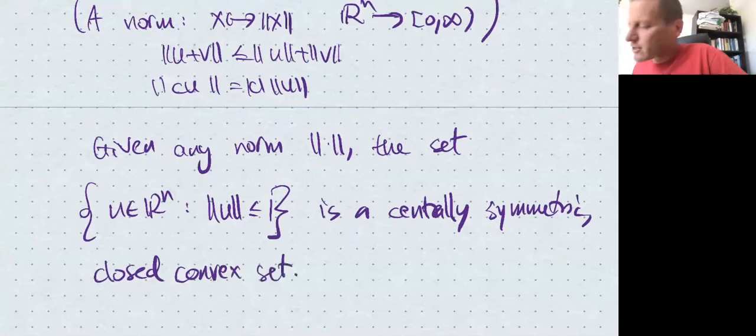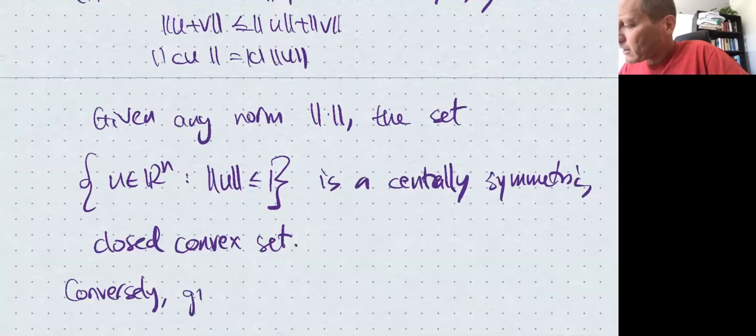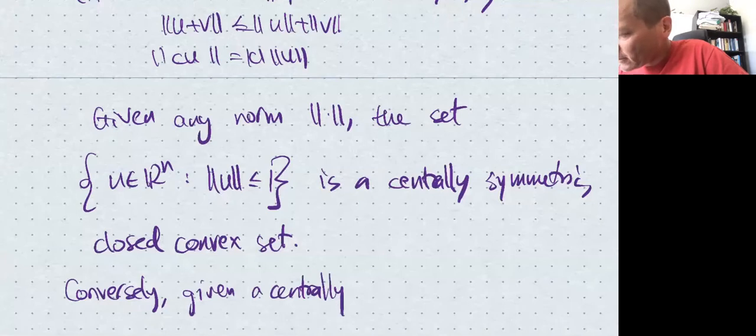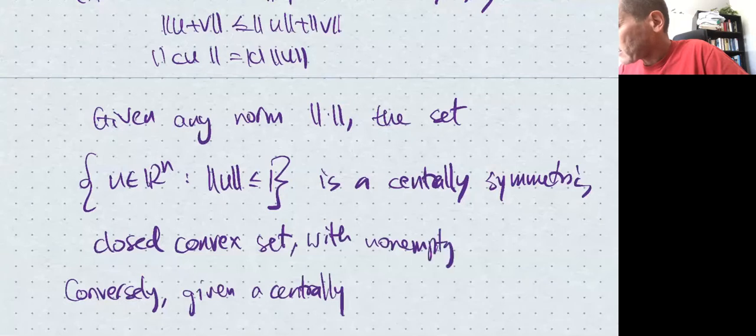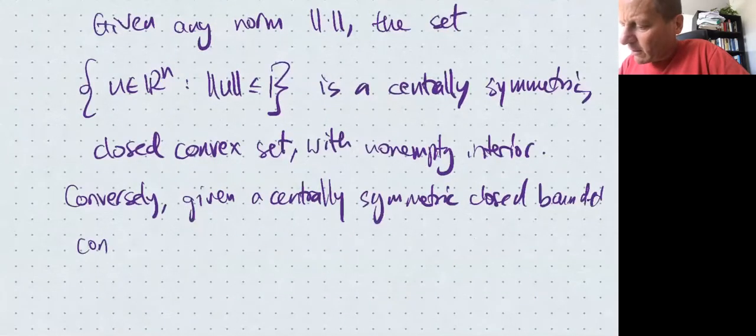And there's a converse. Conversely, given an essentially symmetric, closed, bounded convex set, and this also has non-empty interior.